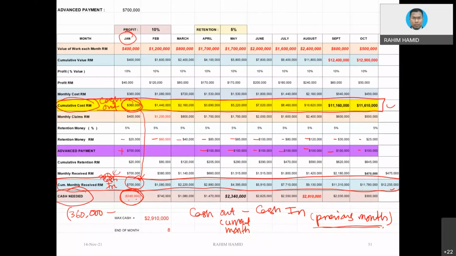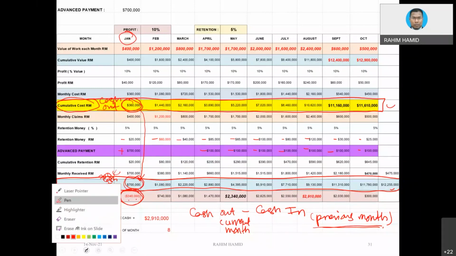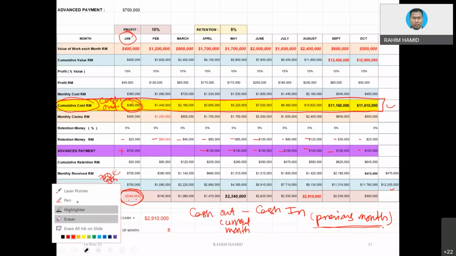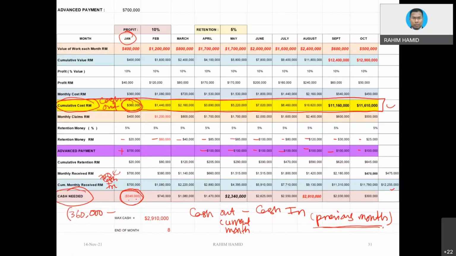So we are not deducting with this value because it is in the same month, but actually we are deducting with this 700K at the beginning of the project, which is equivalent to 700K. When there is an advance payment, we always assume that the money goes into the contractor's account at the beginning of the project.